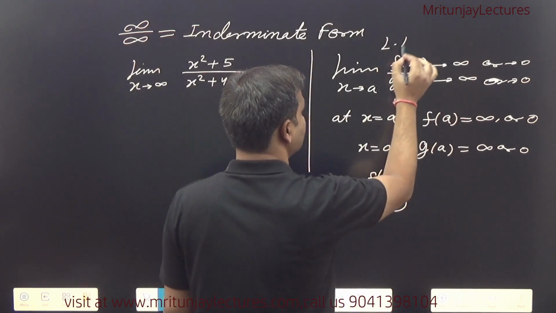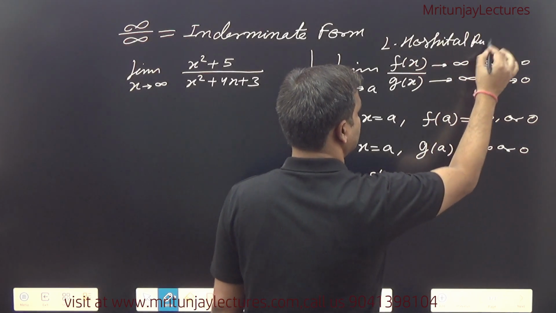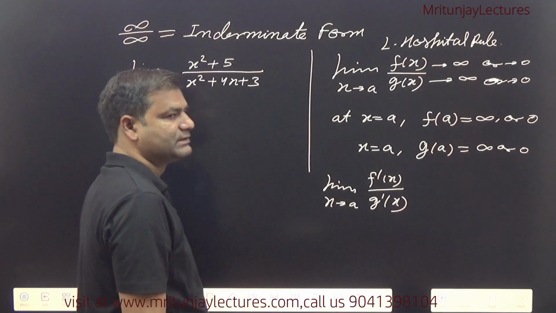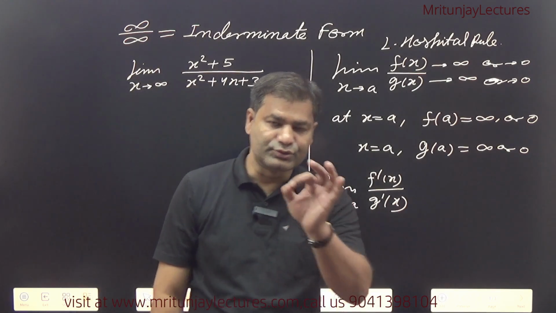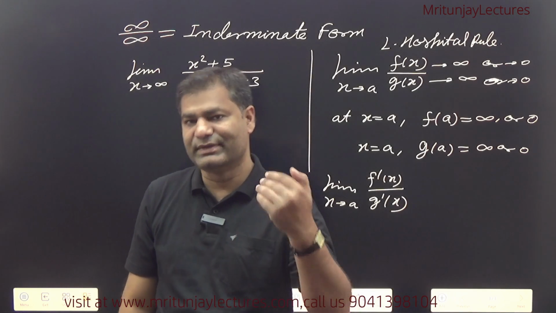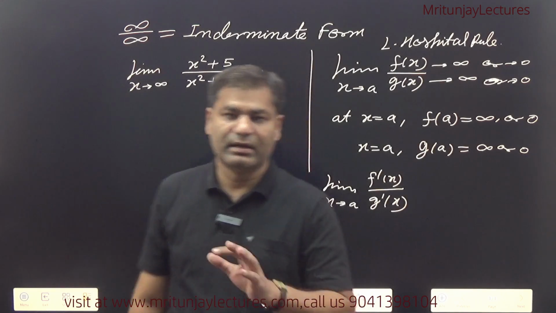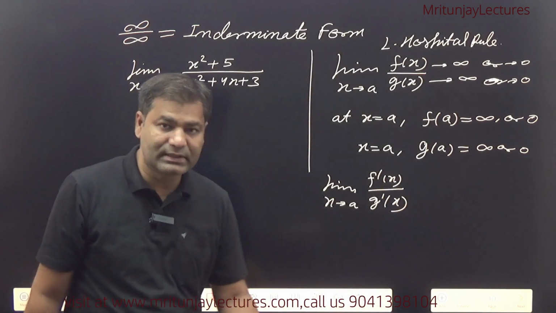That is called L'Hospital rule. I have already discussed it in the previous class. So if 0 by 0 form or infinity by infinity form is available, then you can differentiate numerator and denominator with respect to x. I hope it is clear.